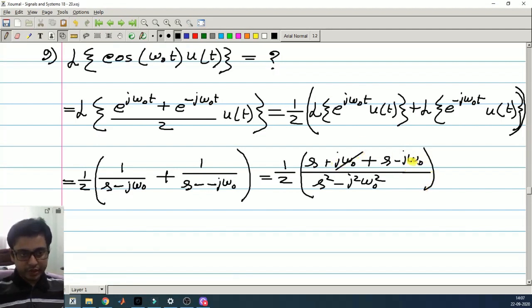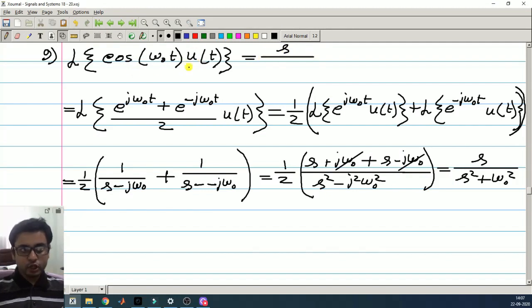Now this 2 j omega naught cancels. We have s plus s, 2s, and half, which will make it s divided by the denominator s square minus j square, which is plus omega naught square. So that is the answer. Laplace transform of cosine omega naught t multiplied with u(t) is s by s square plus omega naught square.